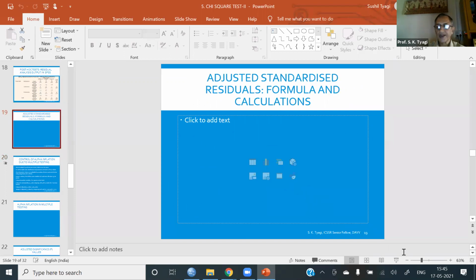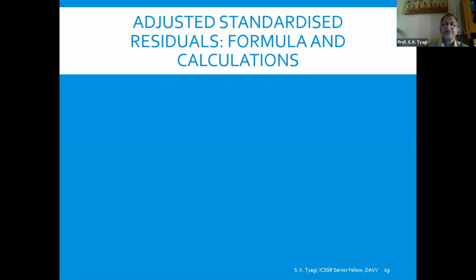Let me use this slide for explaining. See, we have a 3 by 3 cross tabulation. In 3 by 3 cross tabulation, we have 9 cells.